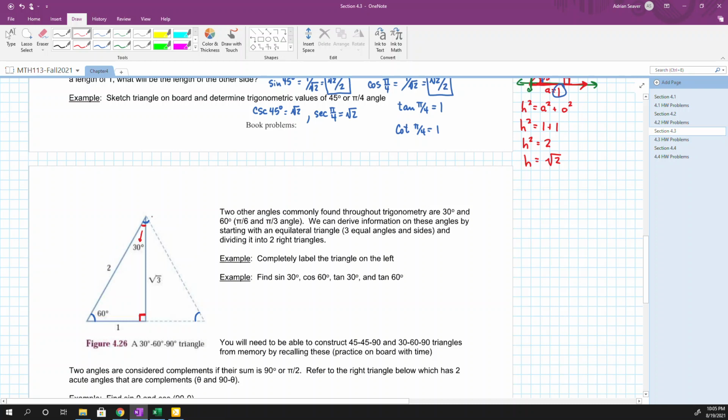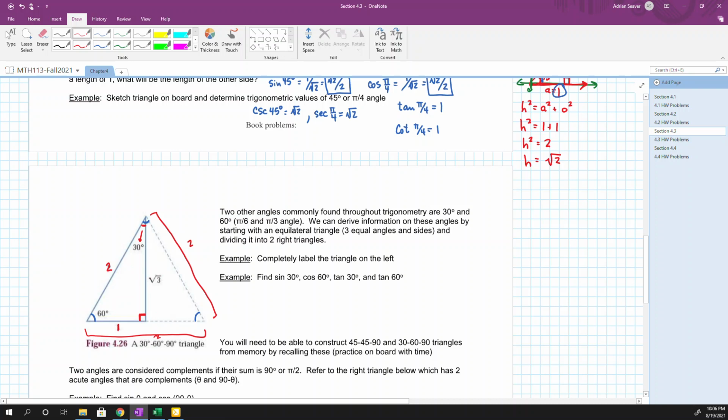So if I let each side of this original equilateral triangle be 2, I'd have a length of 2 here, a length of 2 here, and a length of 2 here. Well, when I come down here and cut this in half, I'm going to meet at the midpoint of this baseline. That makes this length half of that 2. So I'm going to have 1, 2, and then again, like we did last time, we can figure out what this other side is going to be.